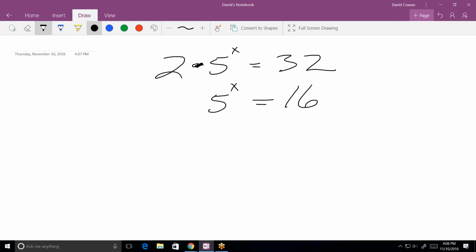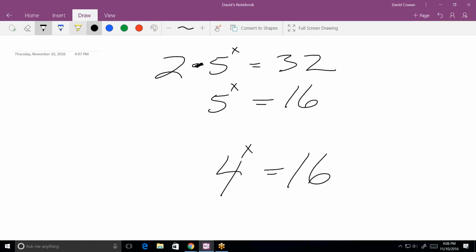Now, that is not something we can solve algebraically. We can solve it using logarithms, but that's not an algebraic solution. If I had 4 to the x equals 16, I can solve that algebraically. I know x is 2.